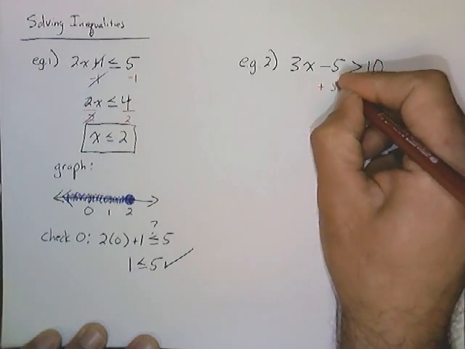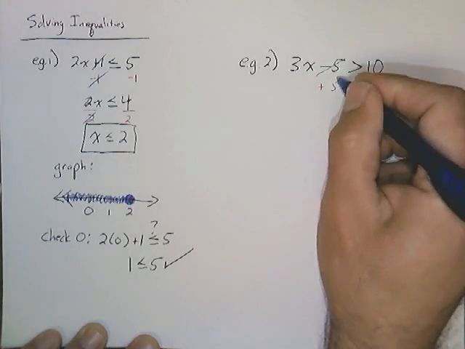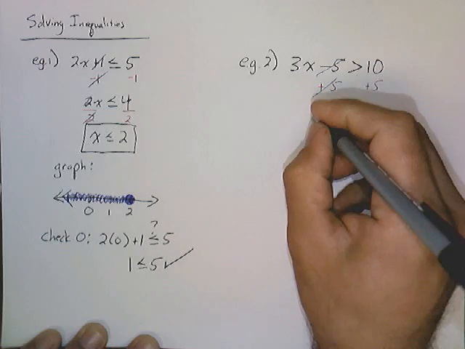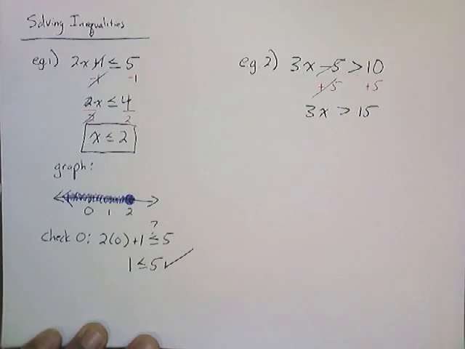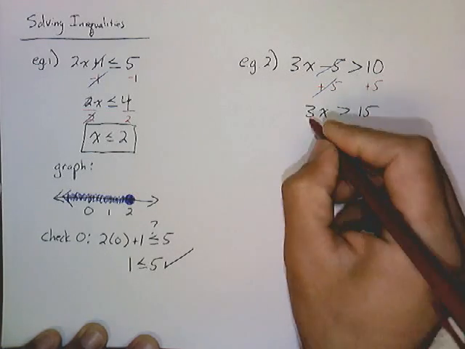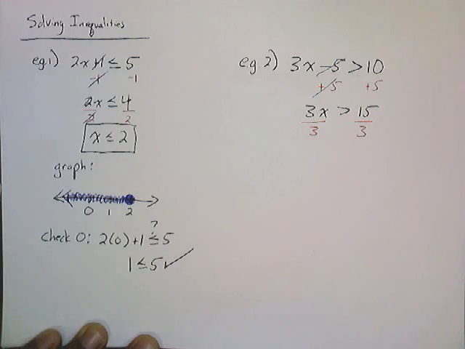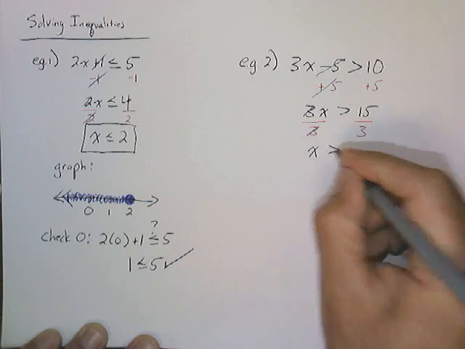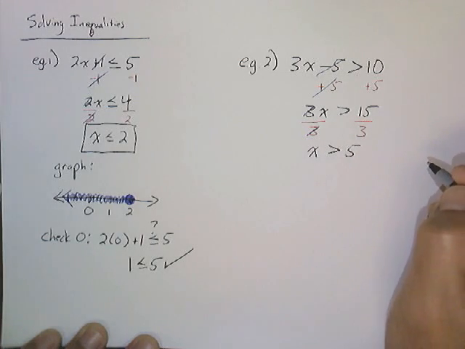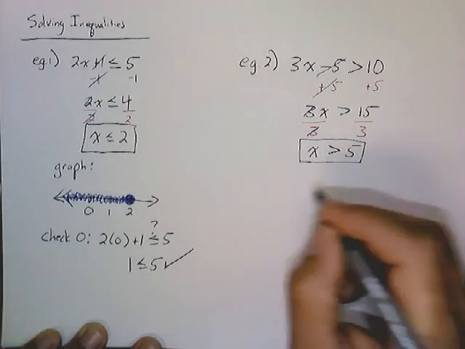First we're going to add 5 to both sides. 3x is now greater than 15. We'll divide both sides by 3. And we have x is greater than 5. And there is our solved inequality.